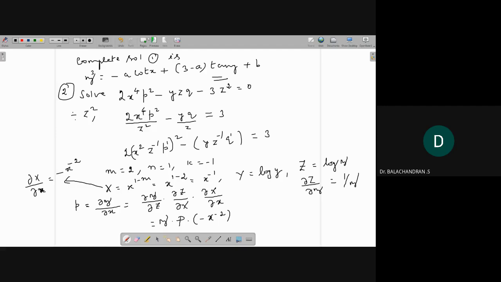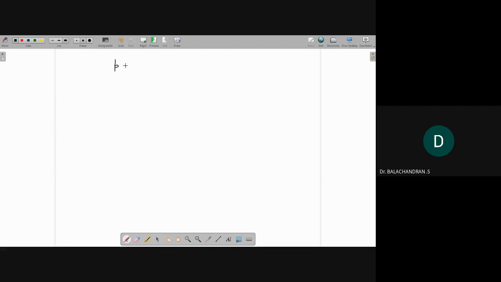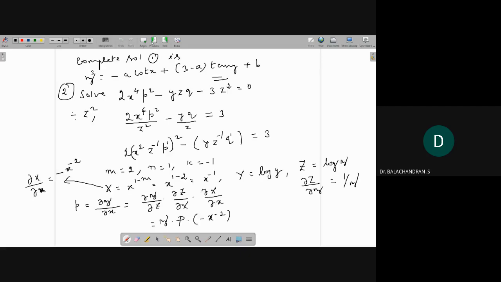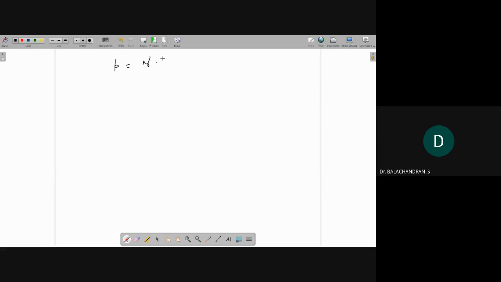Okay, next slide. So I'll rewrite: P equal to z, capital P into minus x square, capital P into minus x power minus 2.